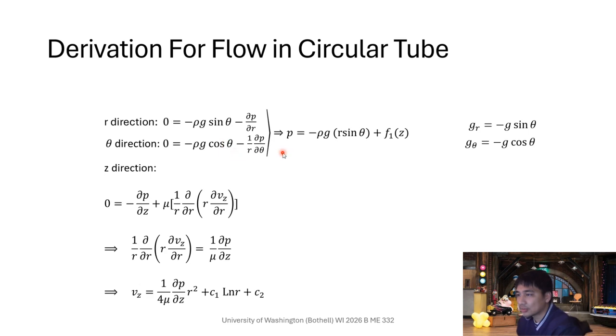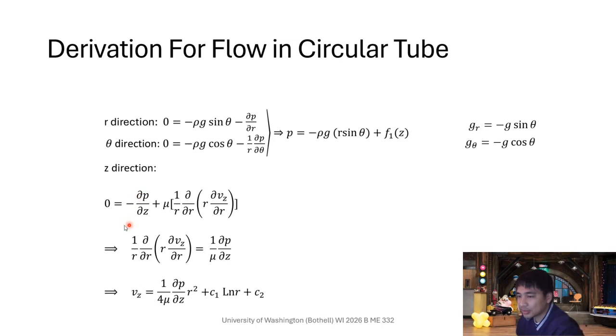So now if you solve for pressure, you can add both of these, and then take the integral with respect to either r or theta. Once you take the integral, you can then get pressure here, and this is what you're going to solve for. And then in the z direction, this is what's going to come out here.